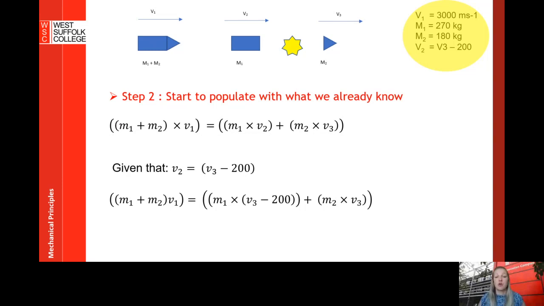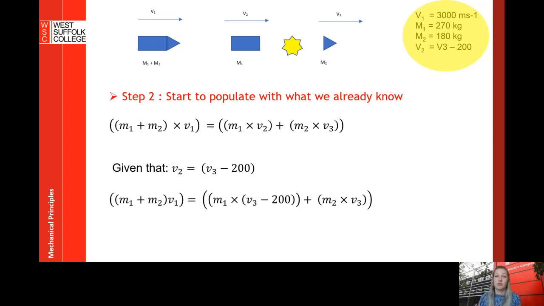Okay, so we've got our M1 plus M2 times my V1 is then equal to my mass M1 times my final velocity minus 200, plus M2 times my final velocity.